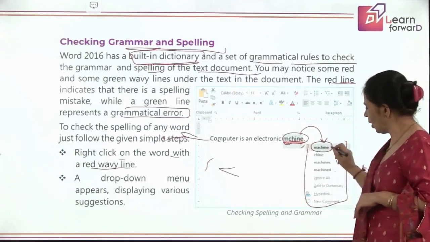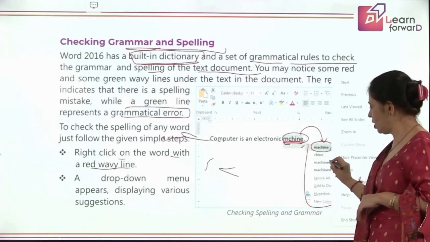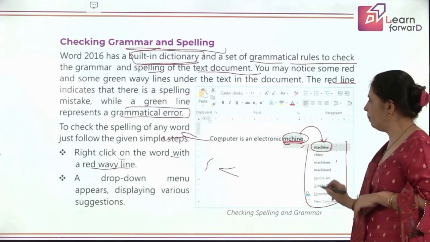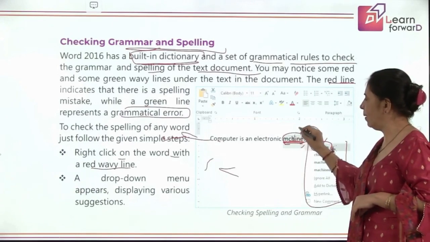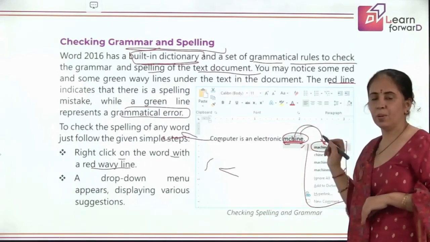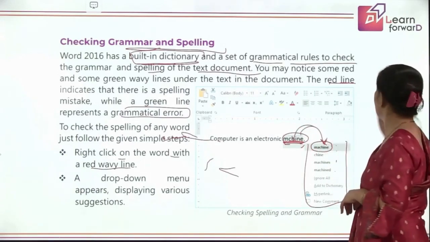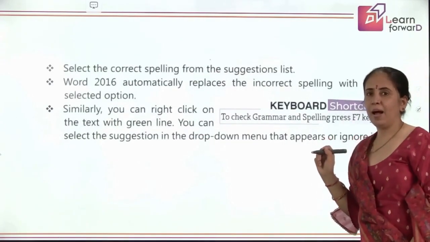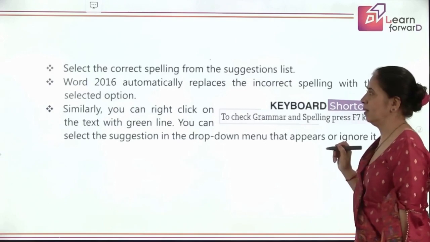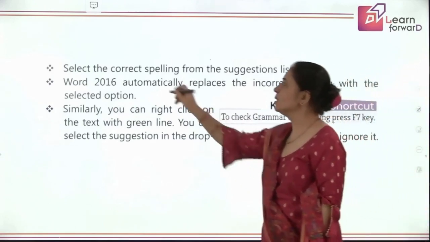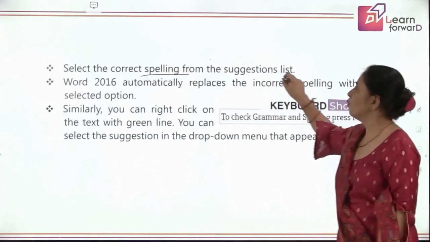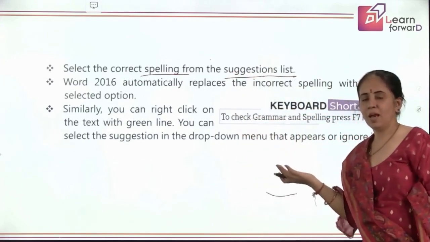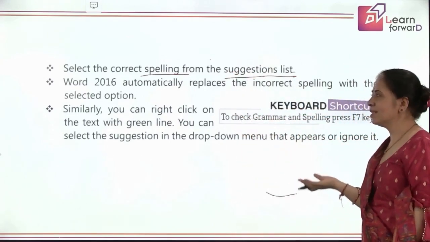So just click on machine, or if you want machines, or any other similar word could be there. Click on that word, and it will be replaced by that particular word. So this is an important and very useful feature which is provided by Word 2016. So simply what you have to do is select the correct spelling from the suggestion list which is given to you, and the rest of the work is done by your Word 2016.